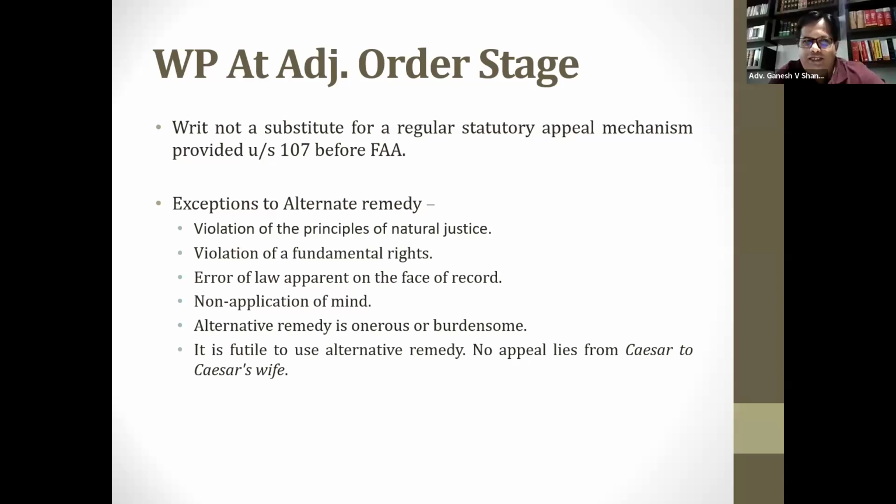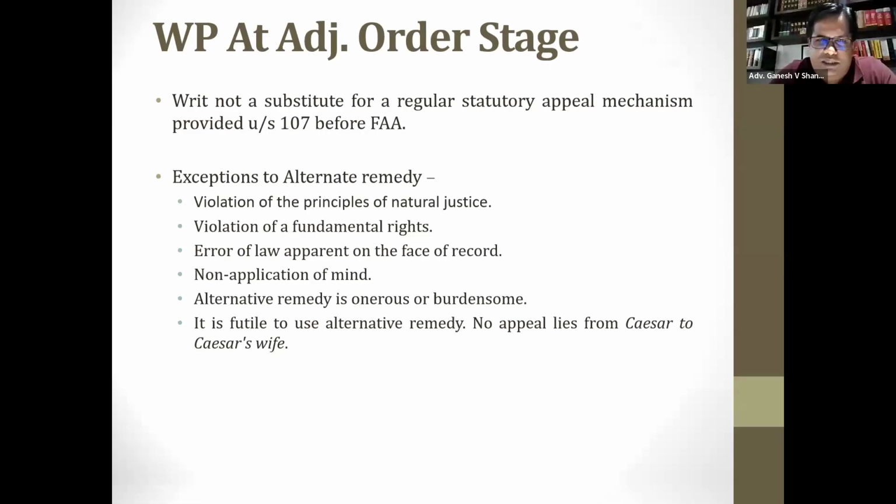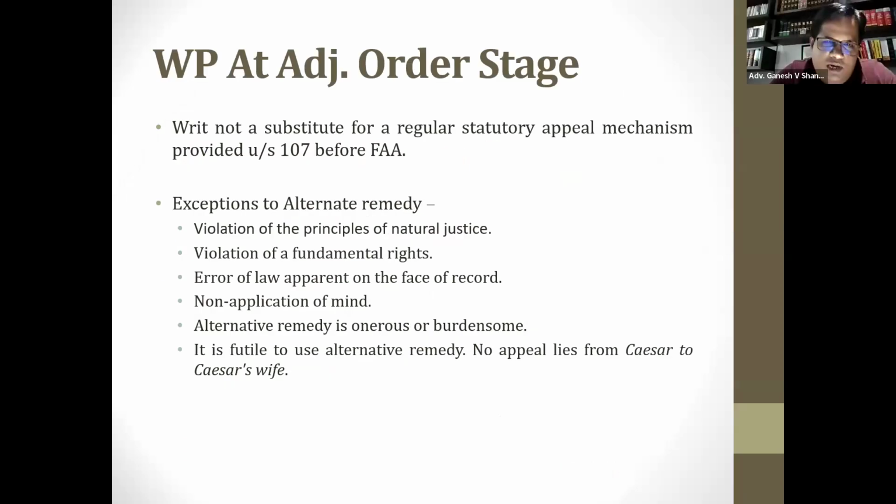So if I go to the next slide, the adjudication stage. Here again we will be confronted with a similar kind of exceptions to what we have seen at the SCN stage. Some of these grounds or exceptions can be overlapping or repeated at the order stage, because we can go to the High Court at the order stage also.